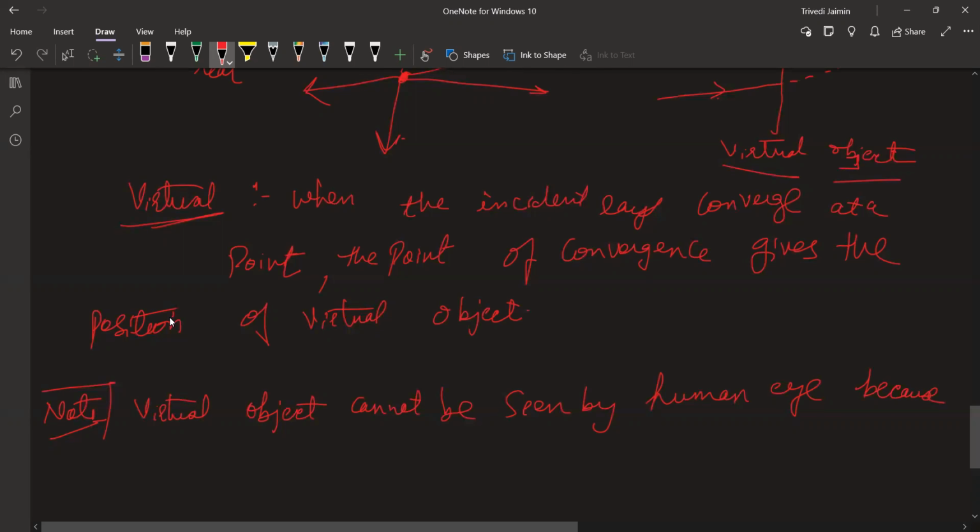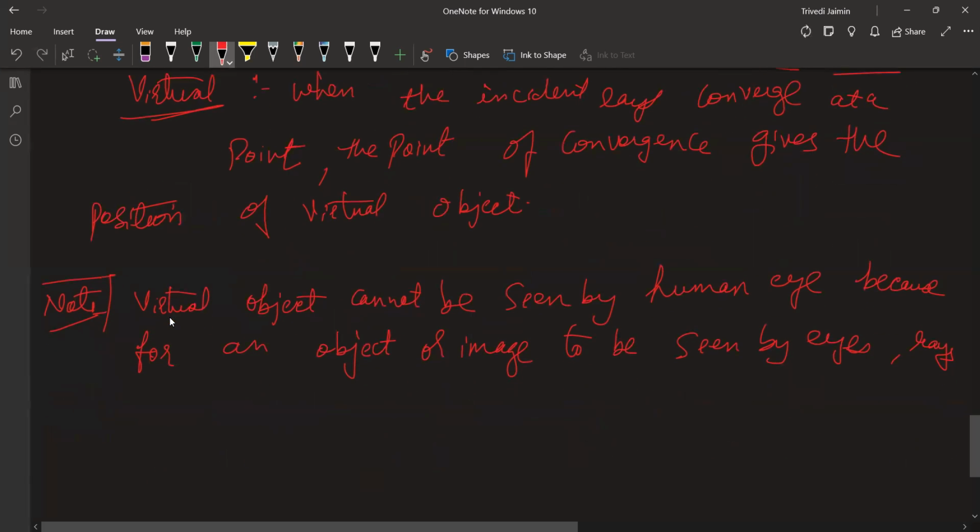Because for an object or image, whatever, to be seen by the eyes, the rays received must be diverging.